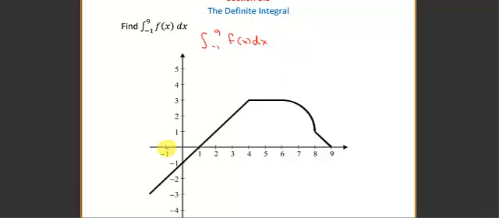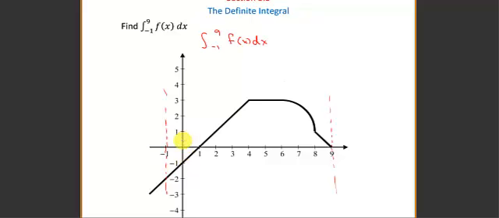So let's start. We're going from -1 all the way out here to 9. And I probably should have put a grid in here so we can see what this is. But notice that this is a line with slope 1 that crosses the y-axis at -1.